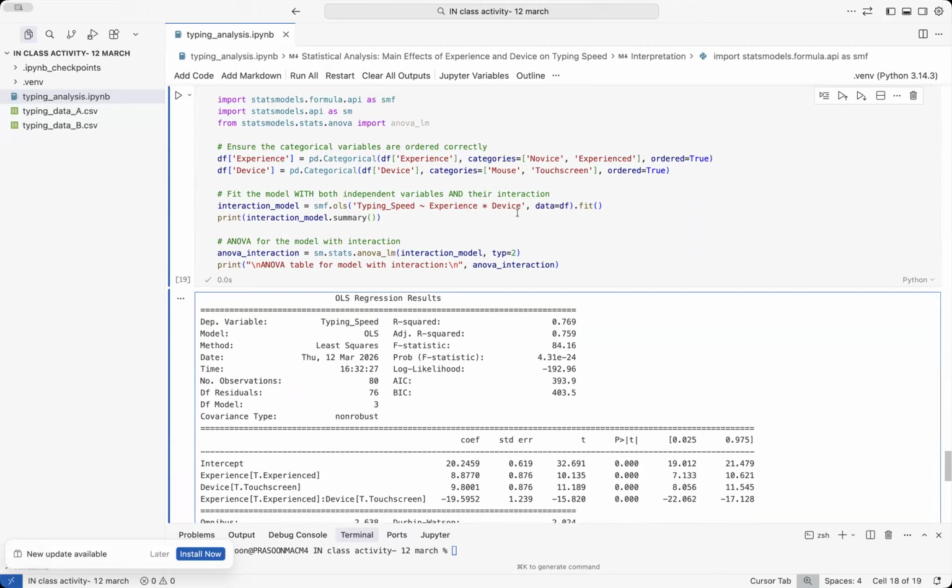Question? So the p-values for the experience and device also changed. That was a surprise for me. Is it because we are trying to add the interaction term? Yes, that's why those coefficients start mattering. Your previous model did not explain the data at all, because you had not modeled this crossover effect.